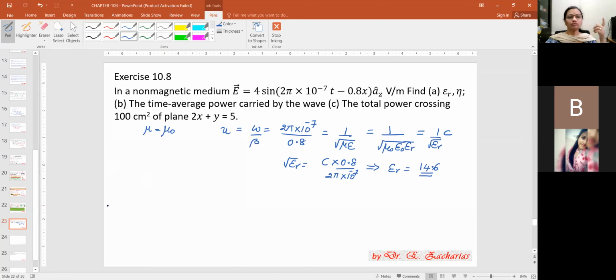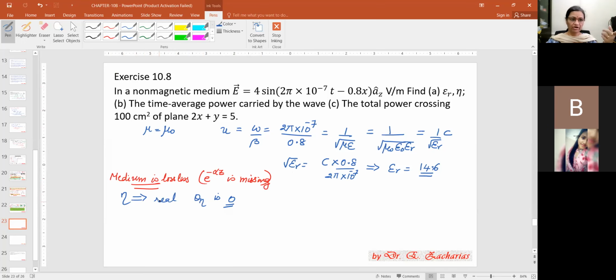Then the next thing is you have to get your eta also. And please look at this. You can see that the medium is lossless. The medium is lossless because e to the power of minus alpha z is missing. This is missing. Therefore, you know that the medium is lossless. If the medium is lossless, that would mean that eta is real. Theta eta is 0.